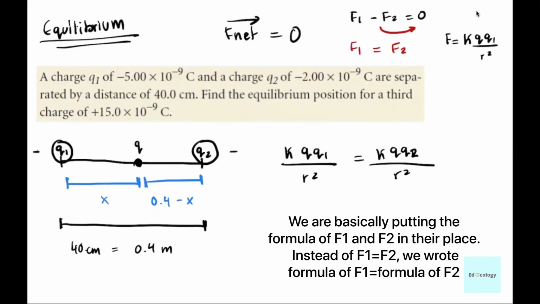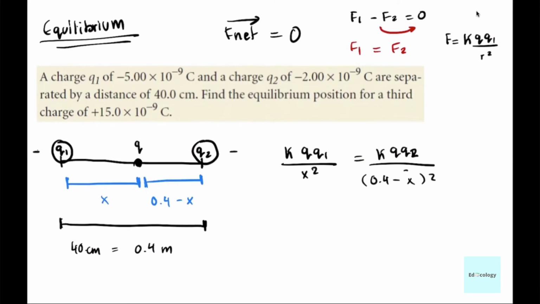So we're going to erase this and write for Q1, because here the distance between Q and Q1 is x. So we're going to write x in this case here, and here 0.4 minus x, and each of them squared, of course. Okay, so now what is common between these?